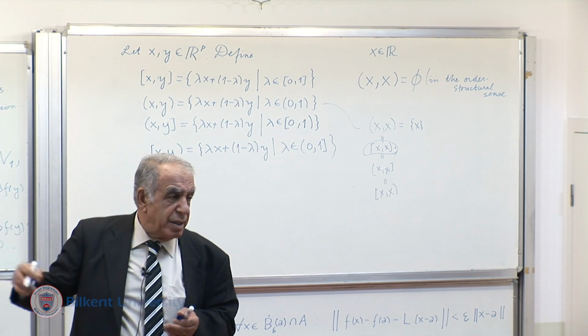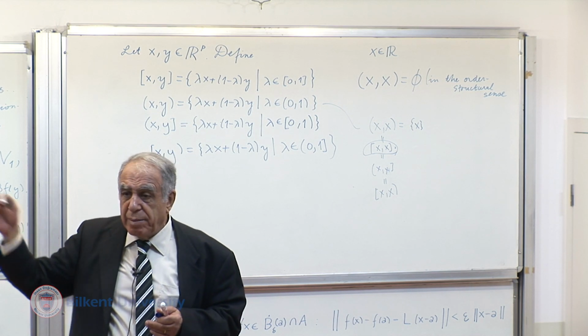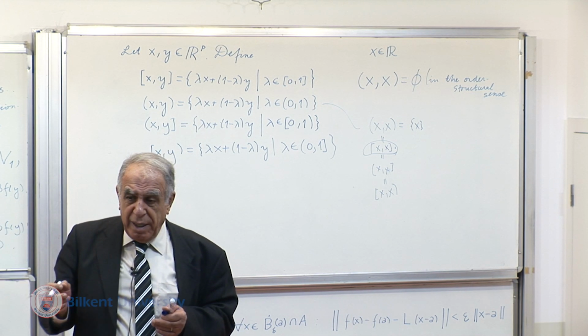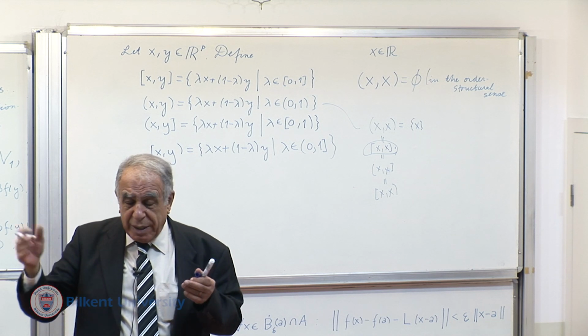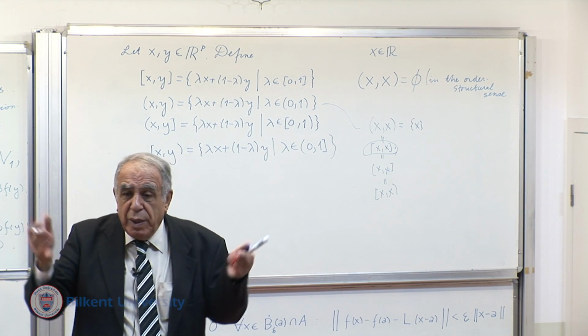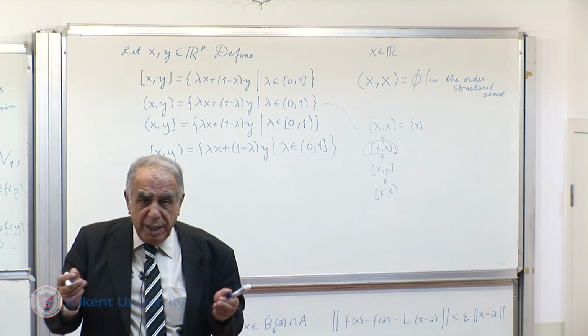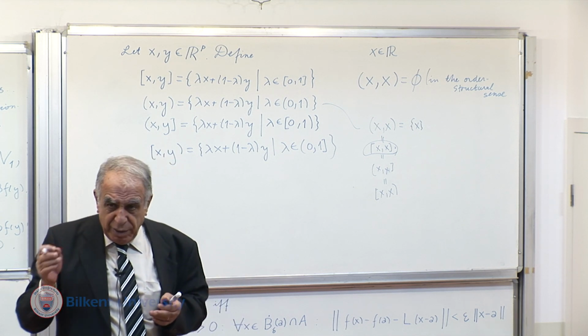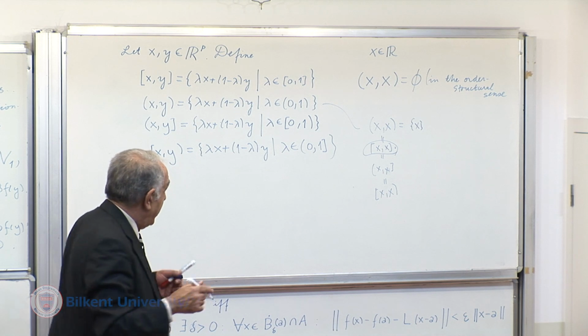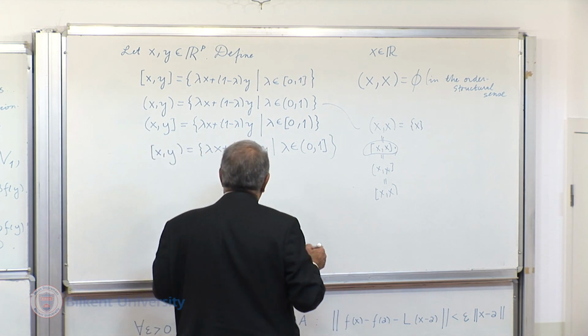If the function is defined on a subset of Rp, then a vector U in Rp would be appropriate to define the direction.